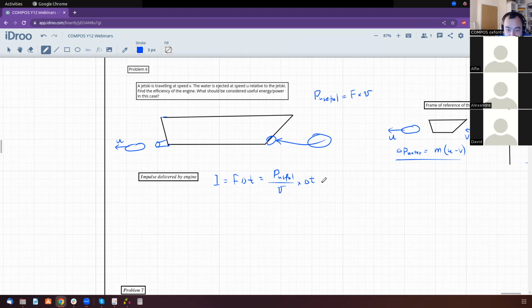And we know that the impulse has to be equal to the change in momentum of the water. So it's m(u minus v). So the useful power is m v (u minus v) divided by delta t.